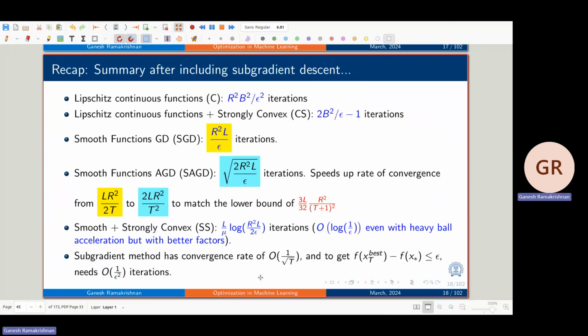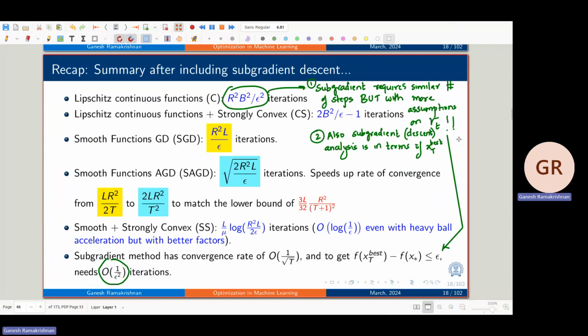Now this brings us to the conclusion of the subgradient approach. It requires a similar number of steps as for a Lipschitz continuous function. Just to recall, the first Lipschitz continuous result was very similar: 1 upon square root t. Looks like you didn't remember. So it's not that bad, not as disastrous.